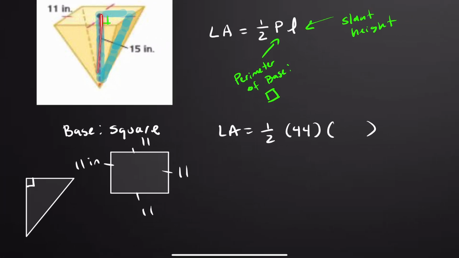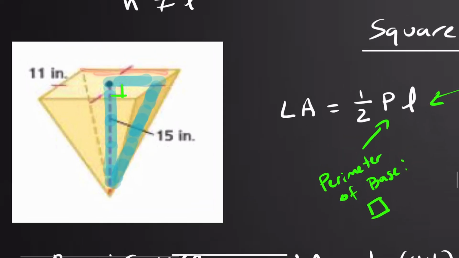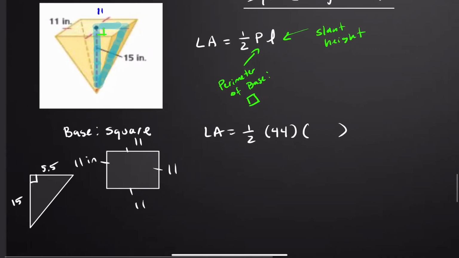We know that the height is 15. And then from here to here, well, we know that this side is 11. So if it's from the center to one of the side lengths, then that's basically half of 11. That's 5.5. So what's the slant height?